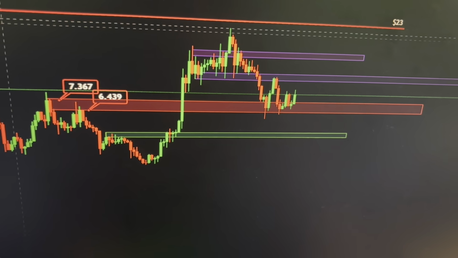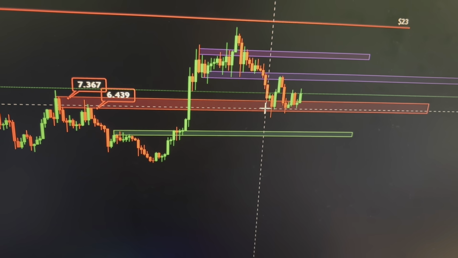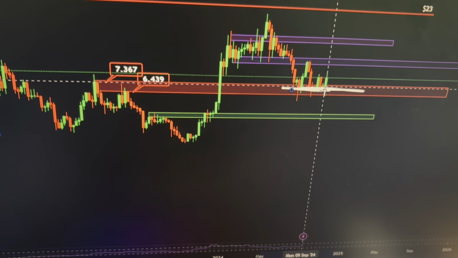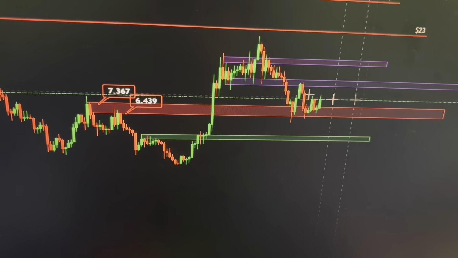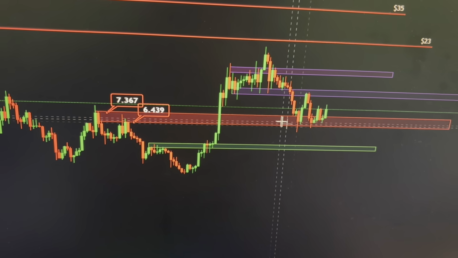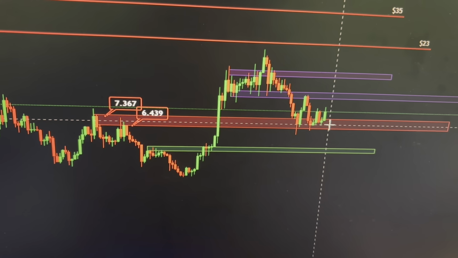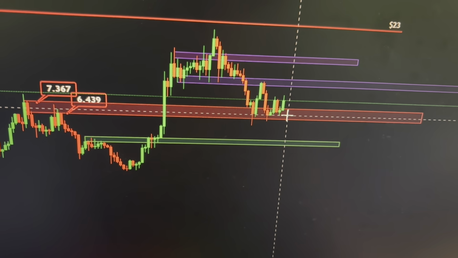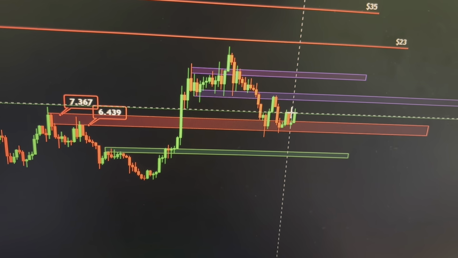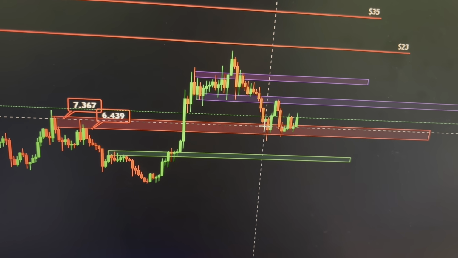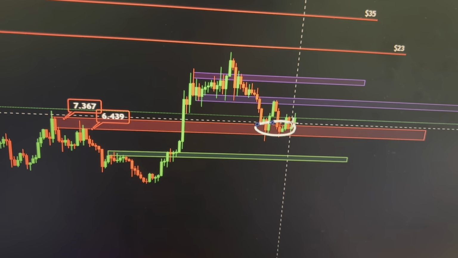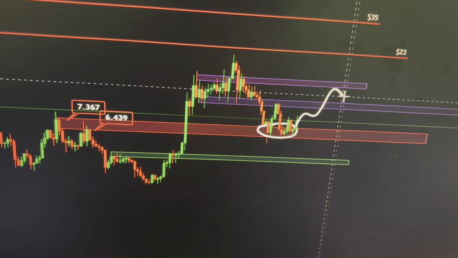So as long as ICP is holding this support zone, there is nothing that concerns me. This is the last major level of support because a break below this could lead to detrimental price action for ICP. But for now, I think there is a good chance that this could be the bottom right here, and we are now more than ready to begin the next uptrend for ICP.